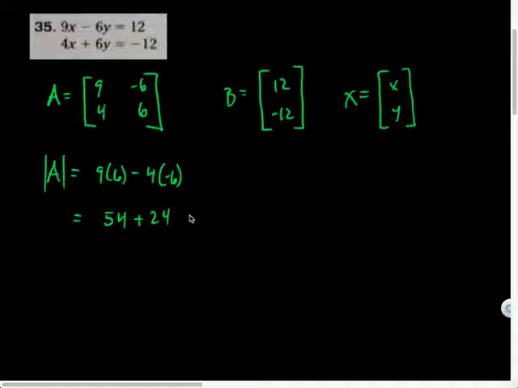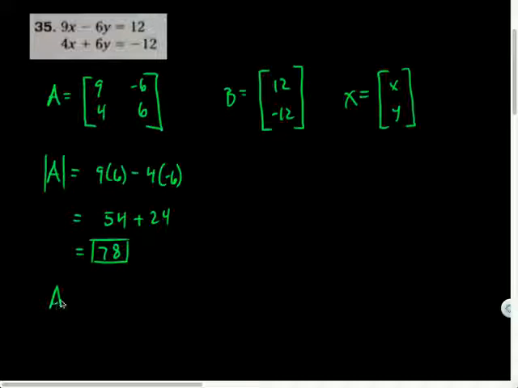So that's 78, I believe. Because this is non-zero, I do have a single unique solution. It's not that I have infinitely many or no solution, which could occur when I have 0 for the determinant.